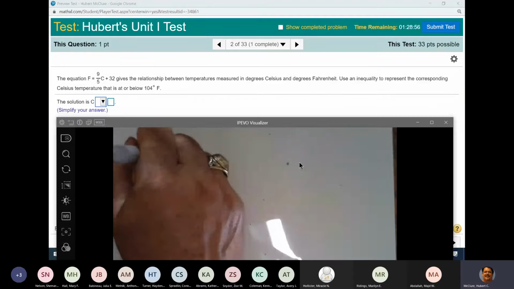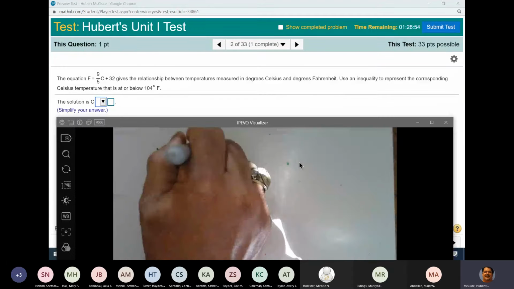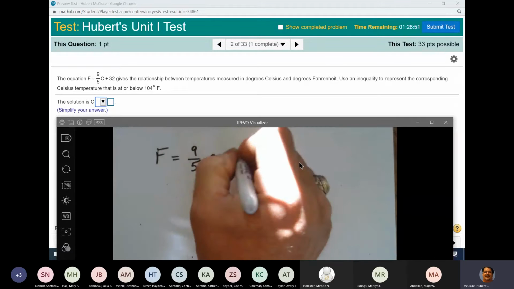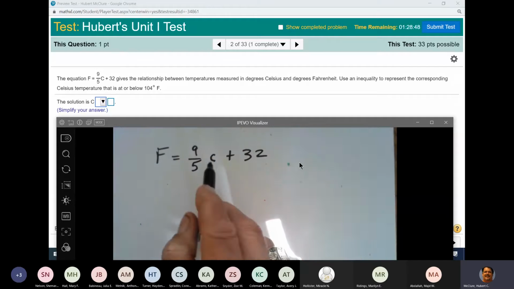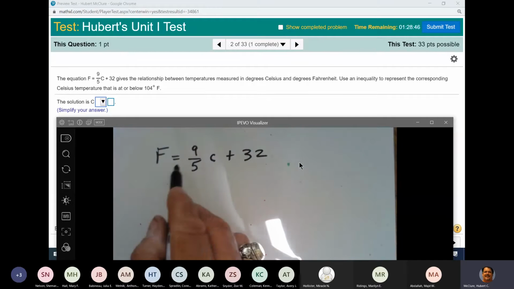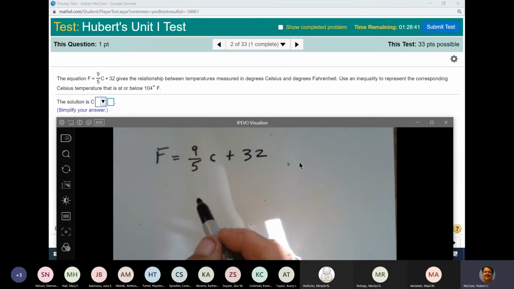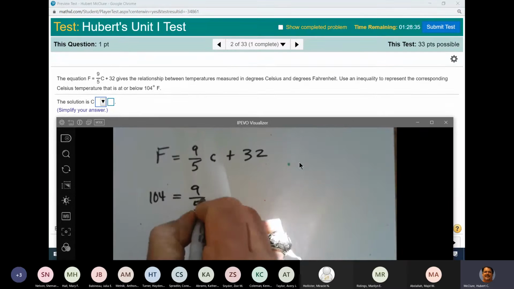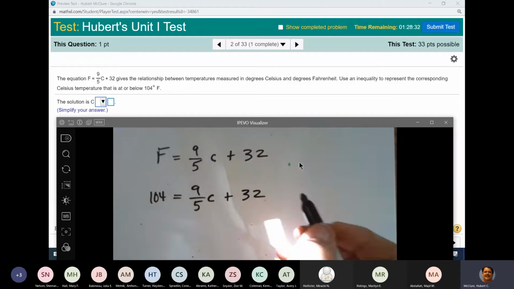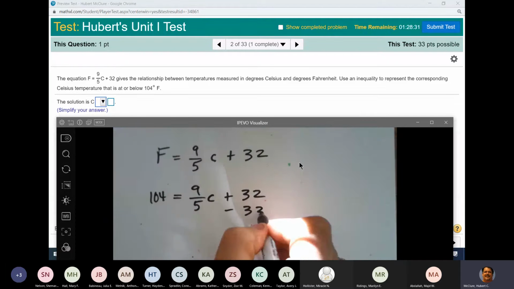So F is equal to 9/5 C plus 32. If you wanted to solve this for C, because they're giving you 104 degrees Fahrenheit, then you would put 104 degrees in right here. 104 equals 9/5 C plus 32. Subtract 32.